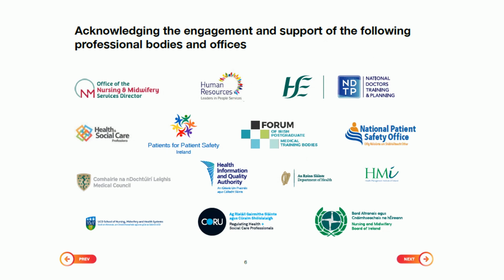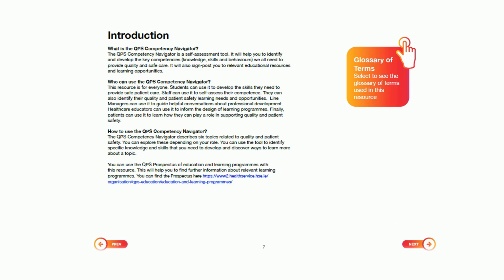As part of the introduction to the document, a number of professional bodies and offices who supported the development of the Competency Navigator are acknowledged here. The introduction to the Navigator explains exactly what the Navigator is, who can use it, and how it can be used.